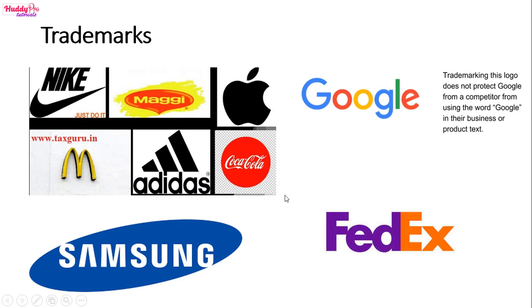Okay, so these are some of the examples of trademarks. Remember, we said it can be a word, it can be a sign, it can be a design, a symbol, and so on. And this symbol will distinguish one company from the rest of others, most especially the competitors. So you are seeing those common trademarks.